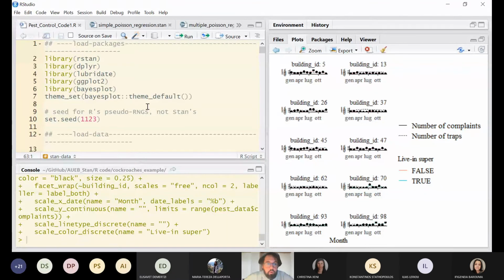Let me now share the screen again for RStudio. You should see my R console now. Tell me if you cannot see the RStudio console.